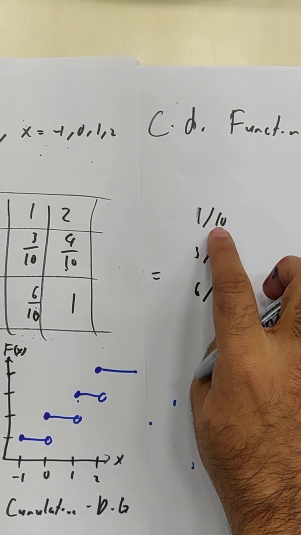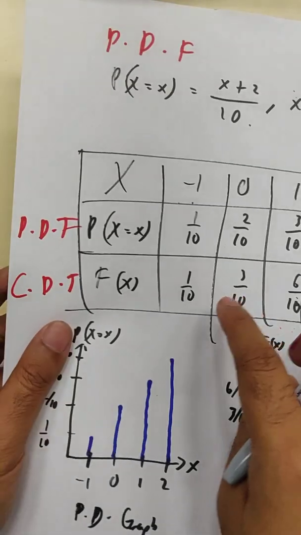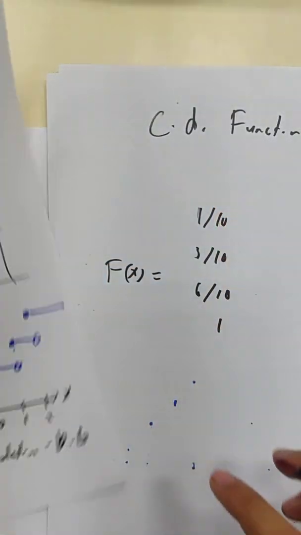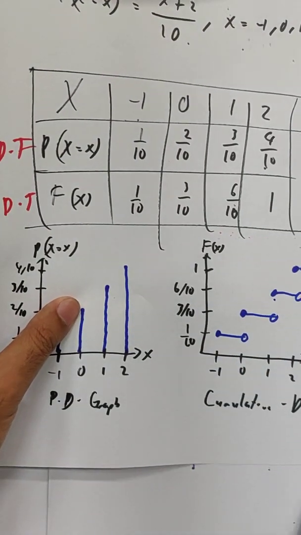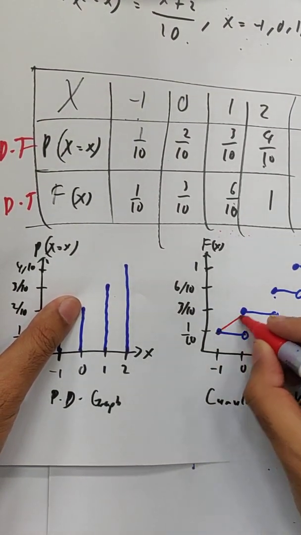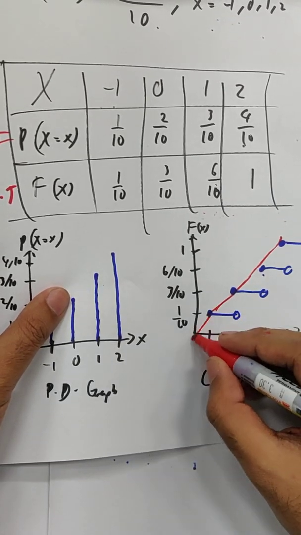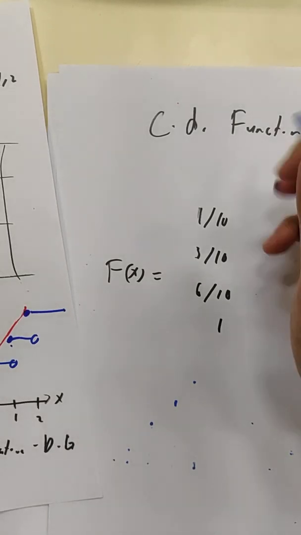Where do you get 1 over 10? Okay, I think you need to write down this one first. Before you can go until there, it starts from where? It starts from 0.